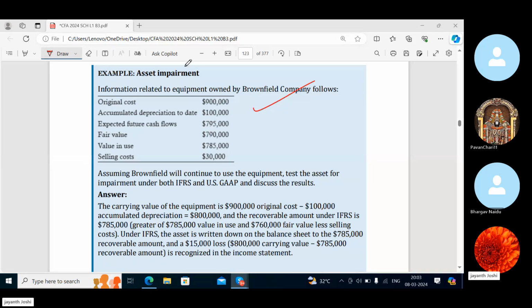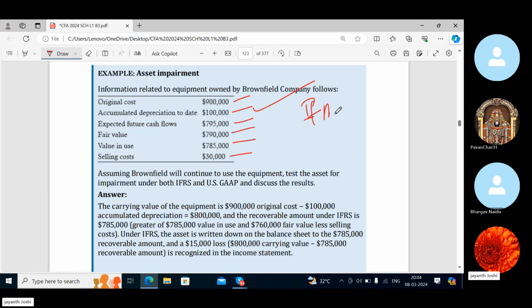Information related to equipment owned by Brownfield Company follows. Original cost is given, accumulated depreciation at date is given, expected future cash flows is given, fair value is given, value in use is given, selling cost is given, and these are all indications for you to find out the impairment loss. So what's the formula for impairment loss?